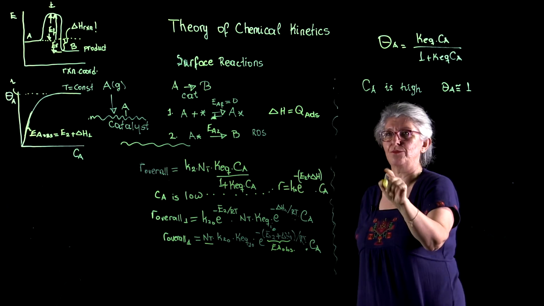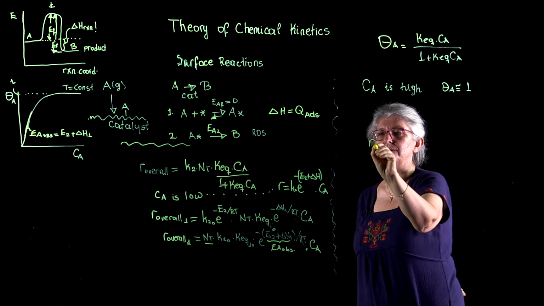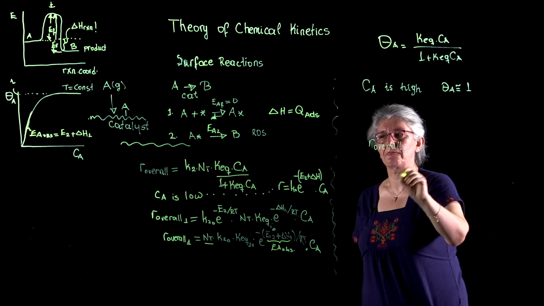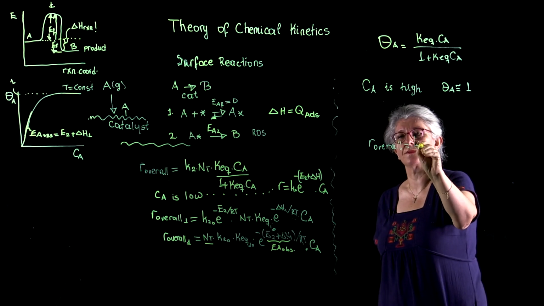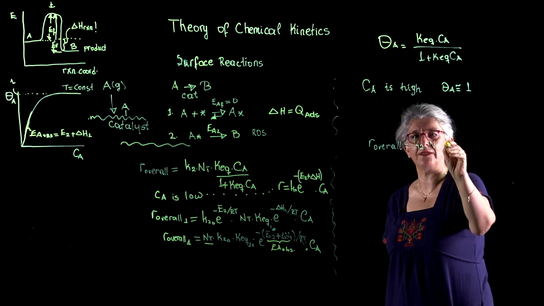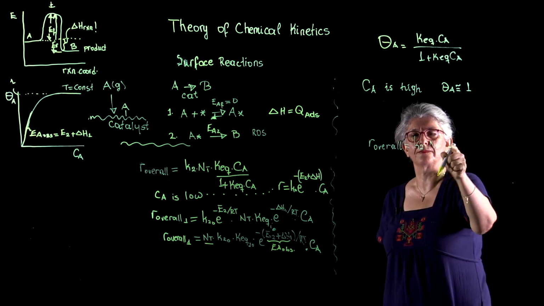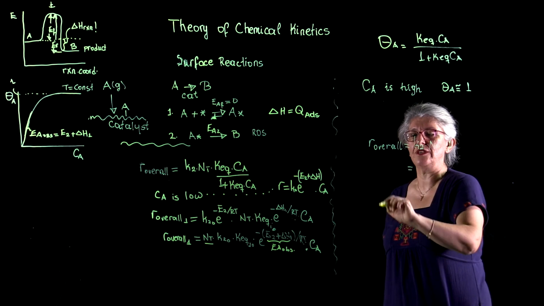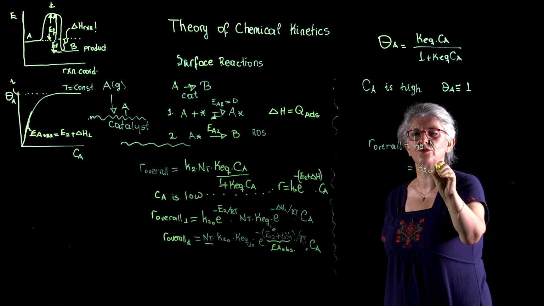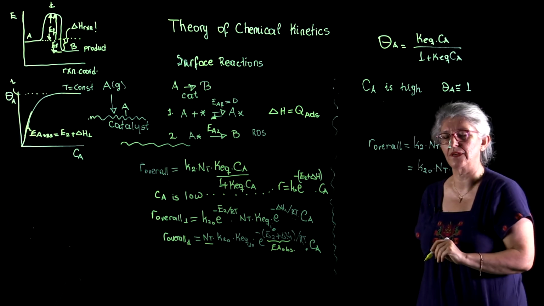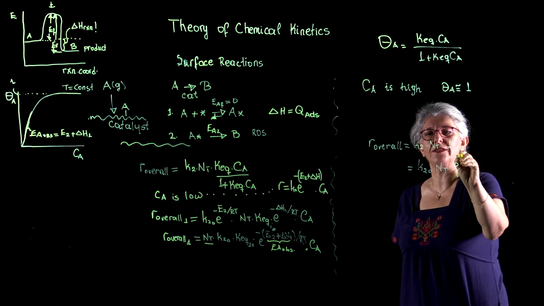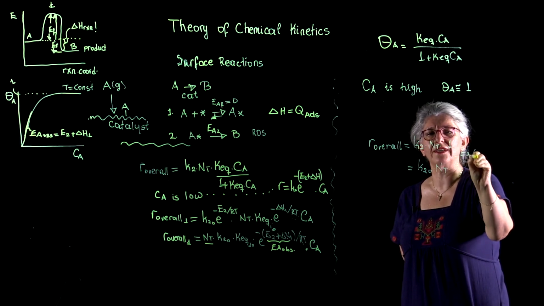So our rate is now, let me just put them side by side. k2 times N total times 1. Our k2 is k20 times N total times e to the power minus E2 over RT.